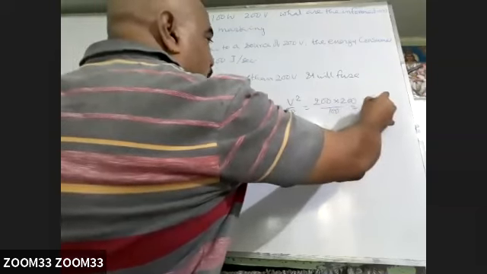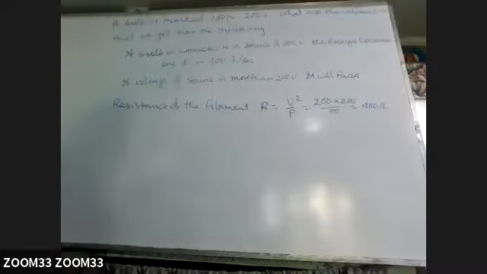So 400 ohm. That we can find by this marking. So what is the importance of this marking? What are the information that we can get?